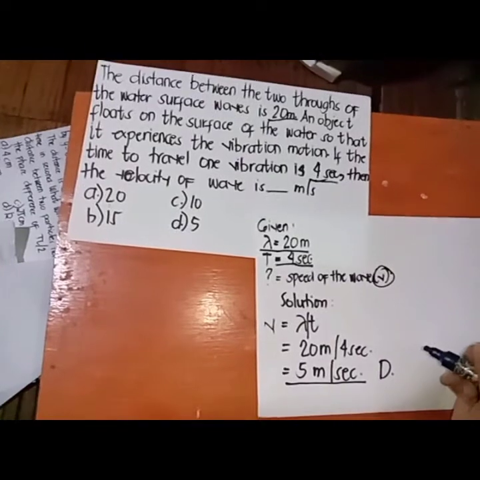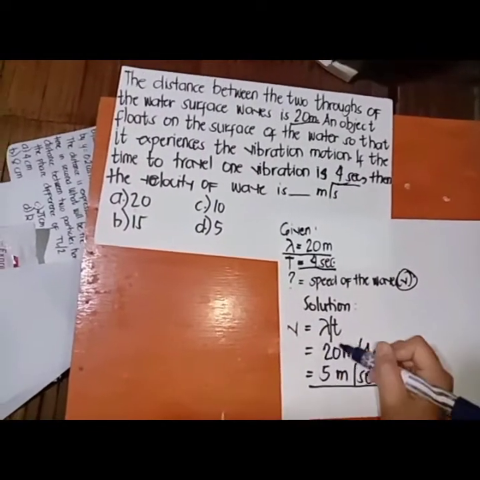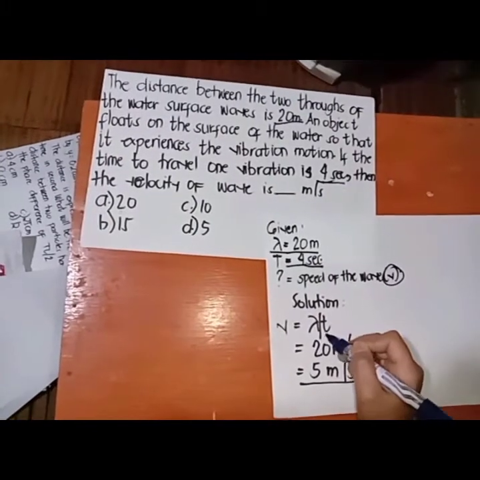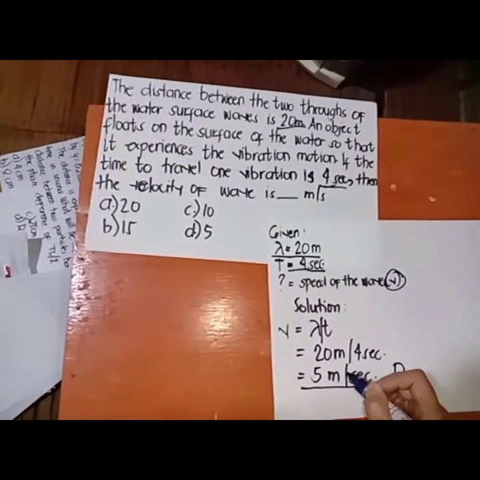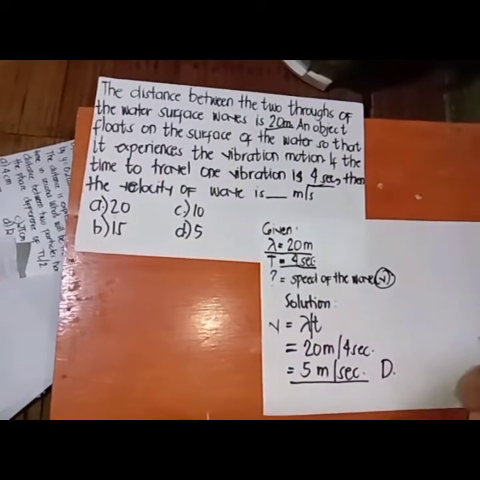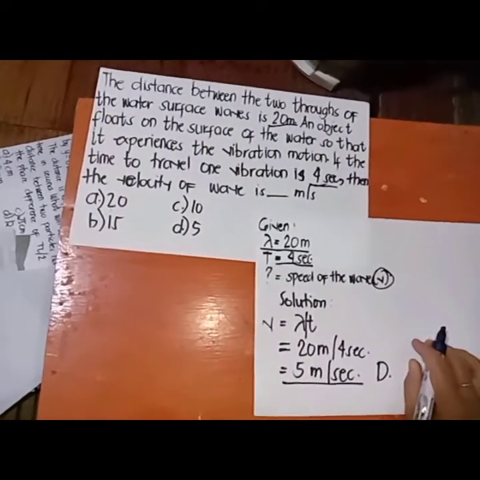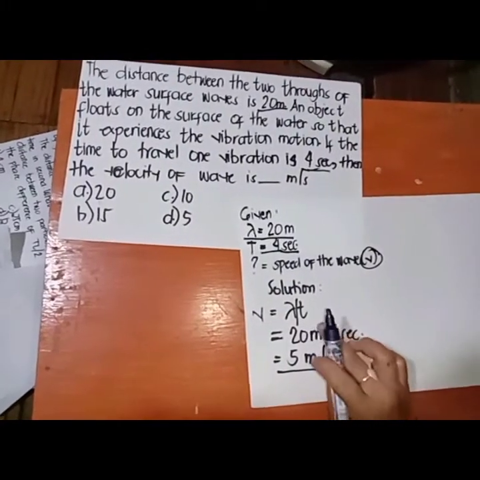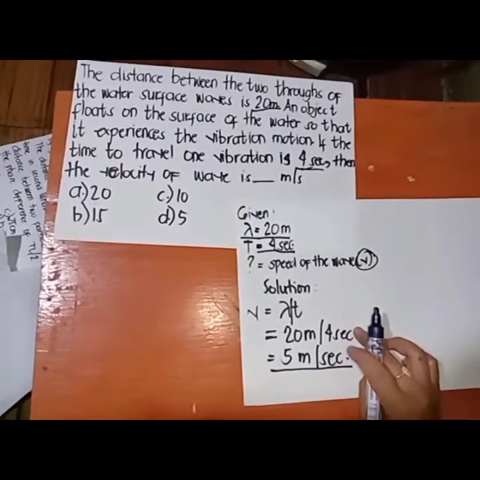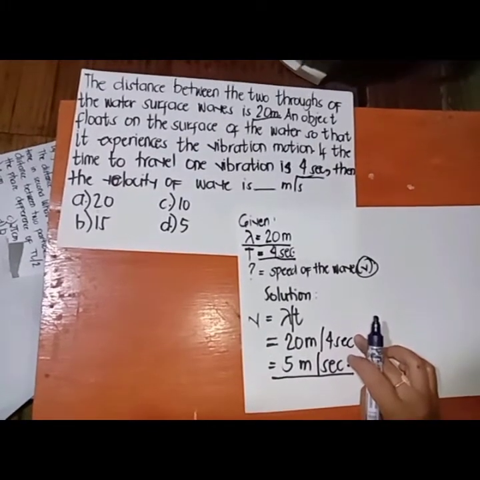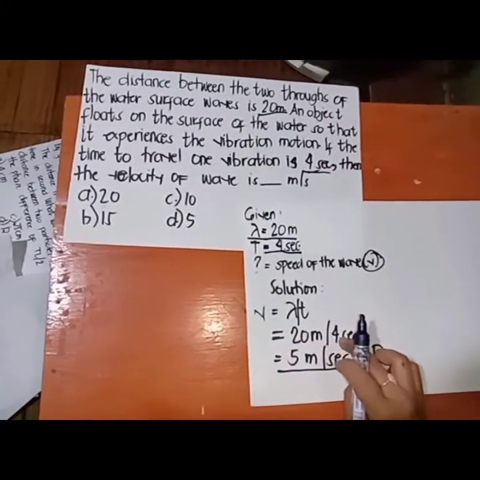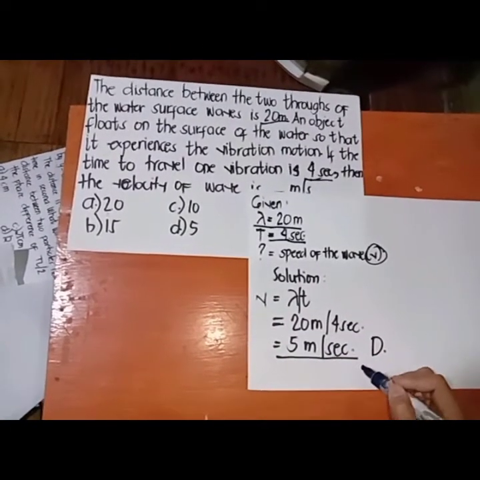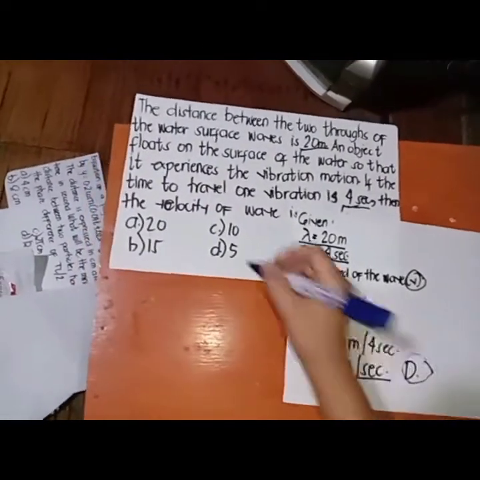So our solution would be like this. The equation for the velocity is lambda divided by the period. So let us substitute our given numbers. Our lambda is 20 meters, which is the wavelength, divided by our time period, which is 4 seconds. So 20 divided by 4 is equal to 5 meters per second. So the correct answer is letter D.